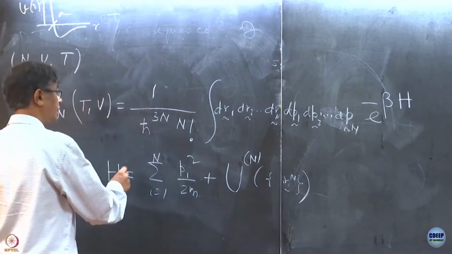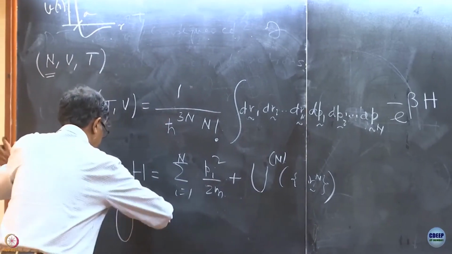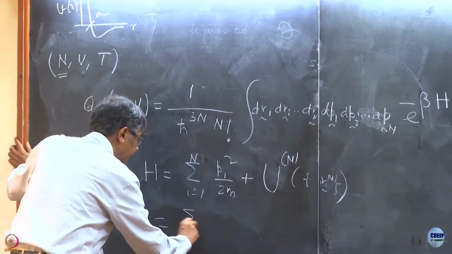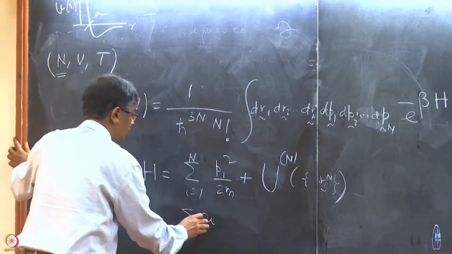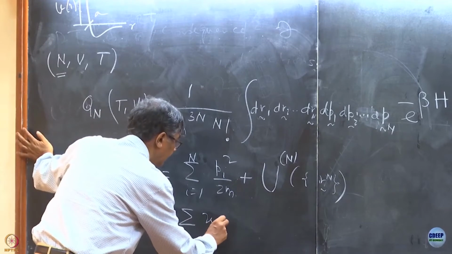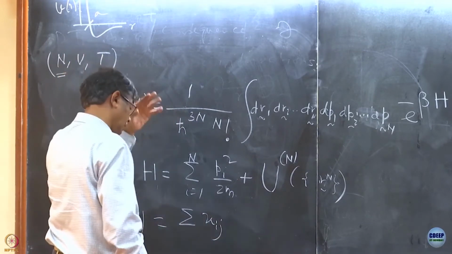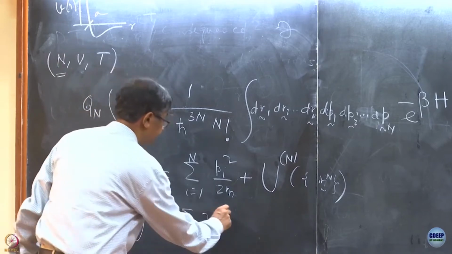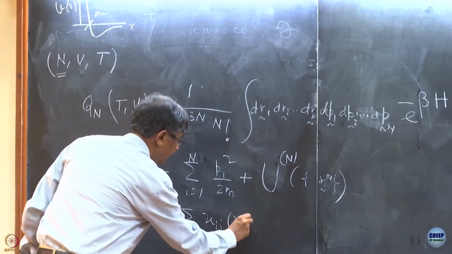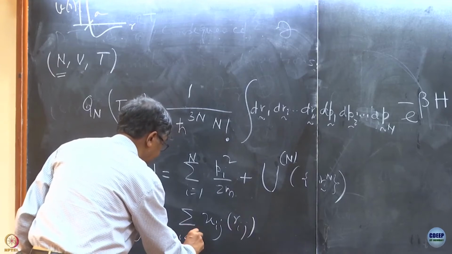And U, the interaction potential, then is, depending on your choice, I like U because V most of the time we reserve for velocity. U_ij of R_ij, i less than j.